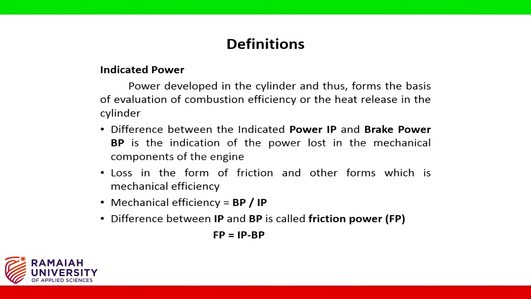Loss in the form of friction and other forms, which is mechanical efficiency. Mechanical efficiency is equal to BP by IP. Difference between IP and BP is called friction power FP.